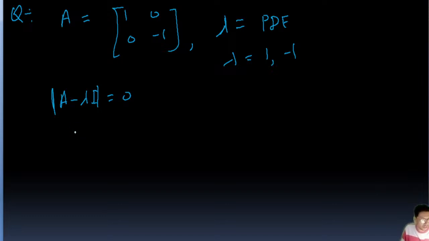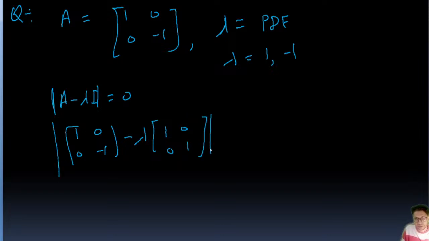So this is going to be the matrix 1, 0, 0, minus 1, minus lambda times 1, 0, 0, 1, determinant of this equal to 0, right?